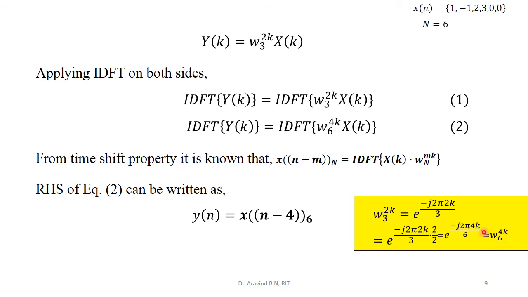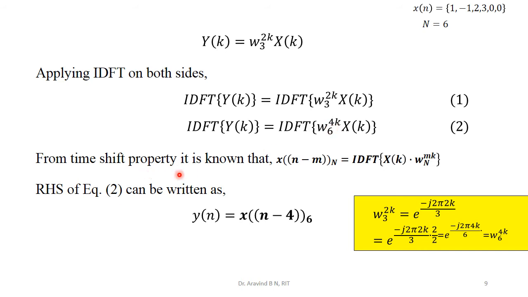Now we replace this omega 3 2k by omega 6 4k, because both of them are equivalent representations. Therefore in this equation we have replaced omega 3 2k by omega 6 4k.